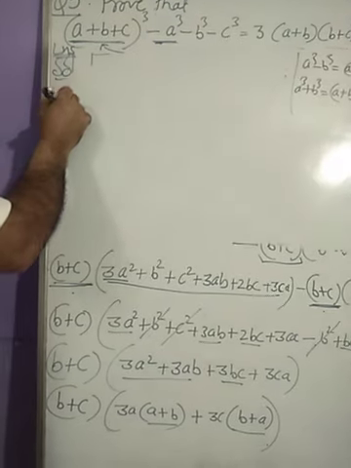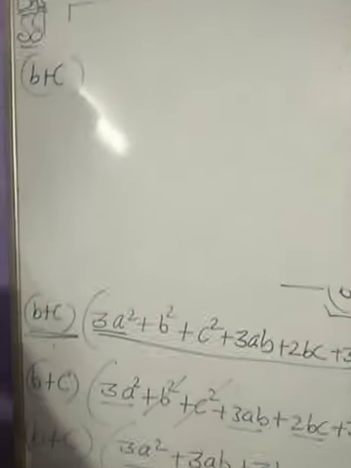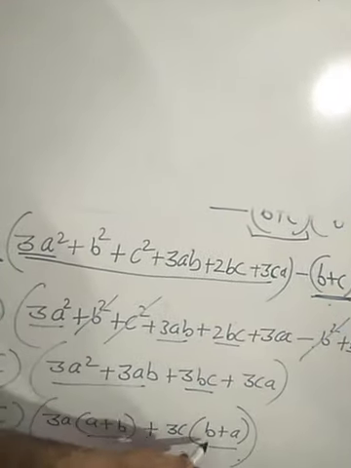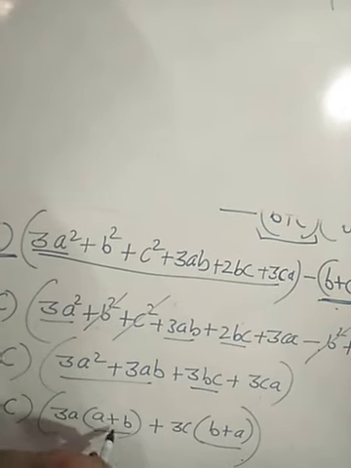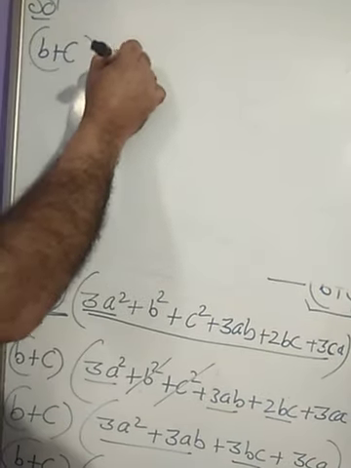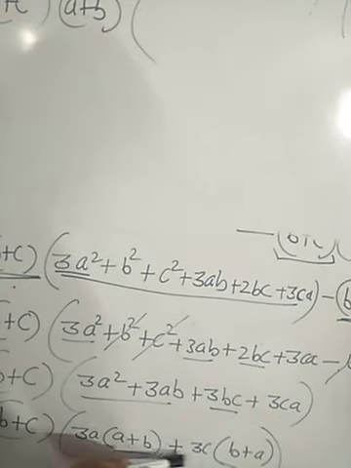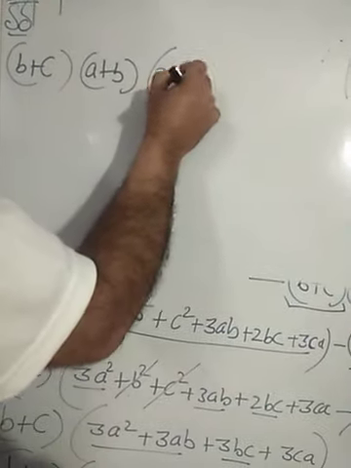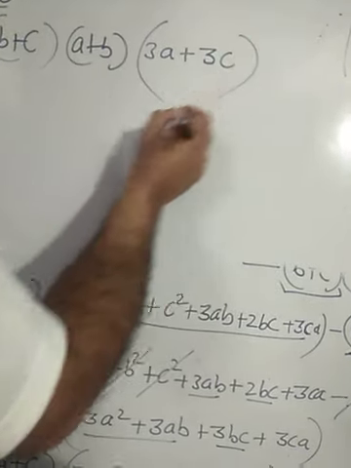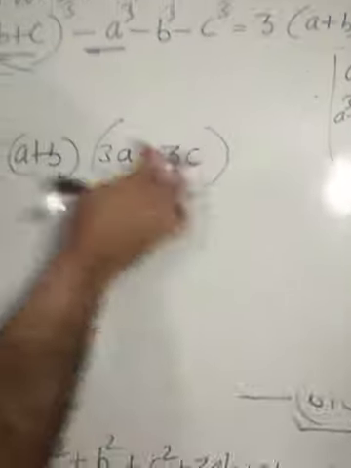So b plus c. From here we can take a plus b. Remember a plus b, b plus a, same thing. So take a plus b common. What is left inside? 3a plus 3c. And from this bracket something common again. What is common? 3.